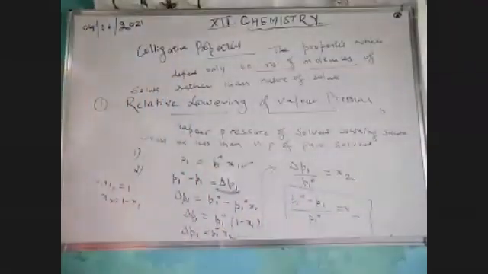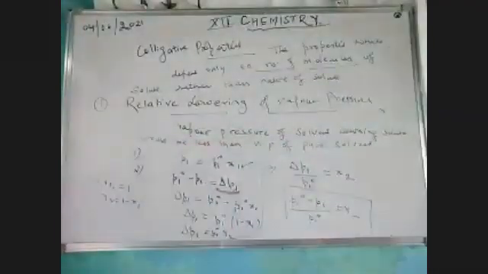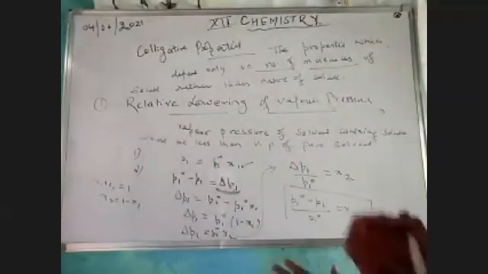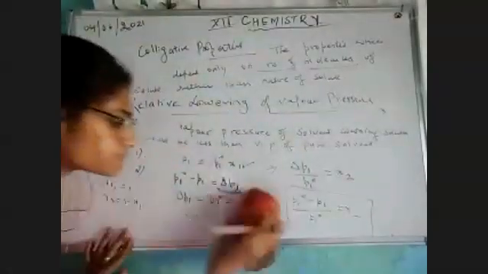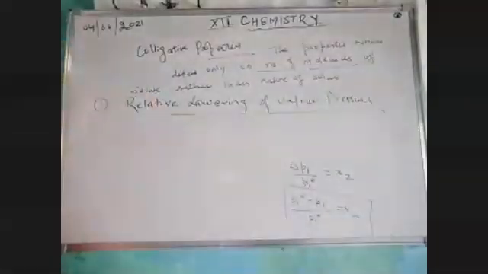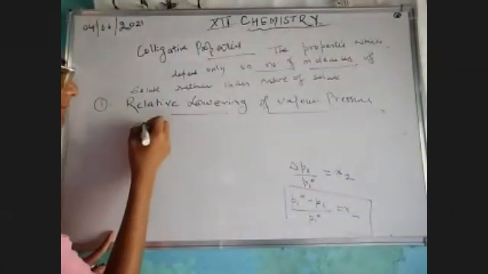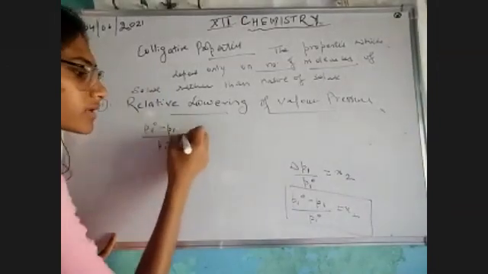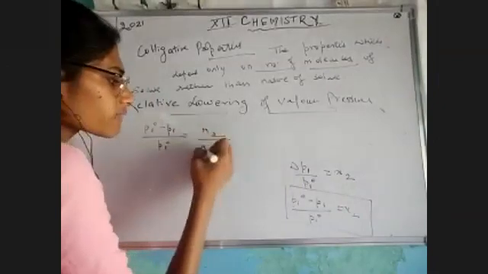So now my equation would change, and it would become like this: P1 naught minus P1 upon P1 naught equals N2 over N1 plus N2.